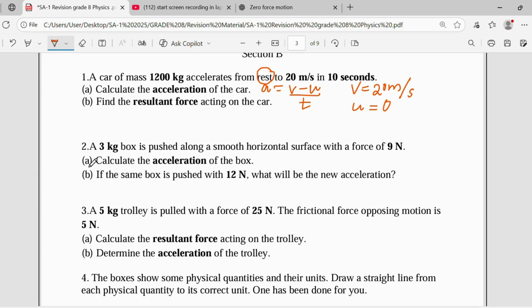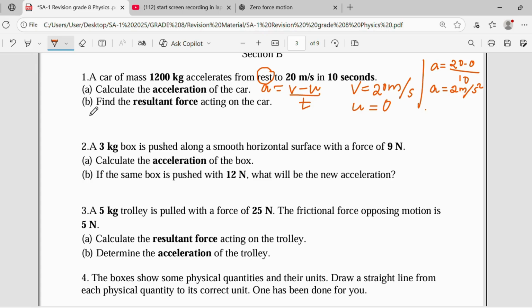If you substitute these values here, we get a equals 20 minus 0 divided by time. Time is 10 seconds. So 20 divided by 10, you get acceleration a equals 2 meters per second squared. So that is the answer for question A.